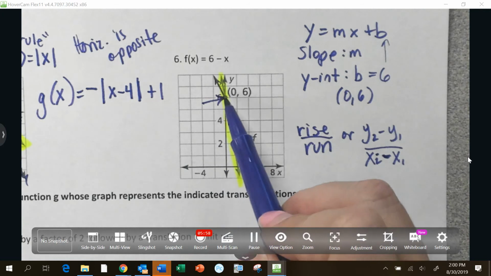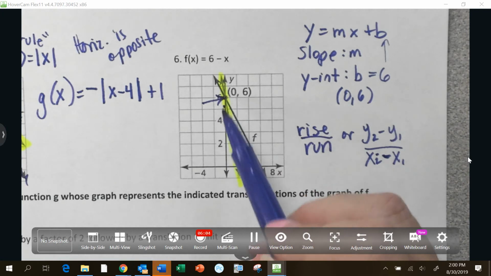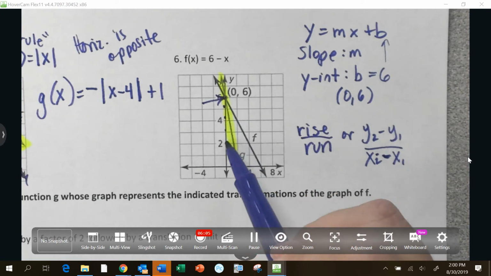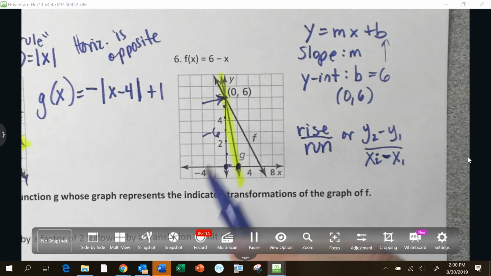So I'm going to put my pencil right here. Where do I go next to get to any other point on the yellow line? I'm going to go down 6. Then I'm going to go over 1. I'm still thinking of the other one, I'm so sorry.